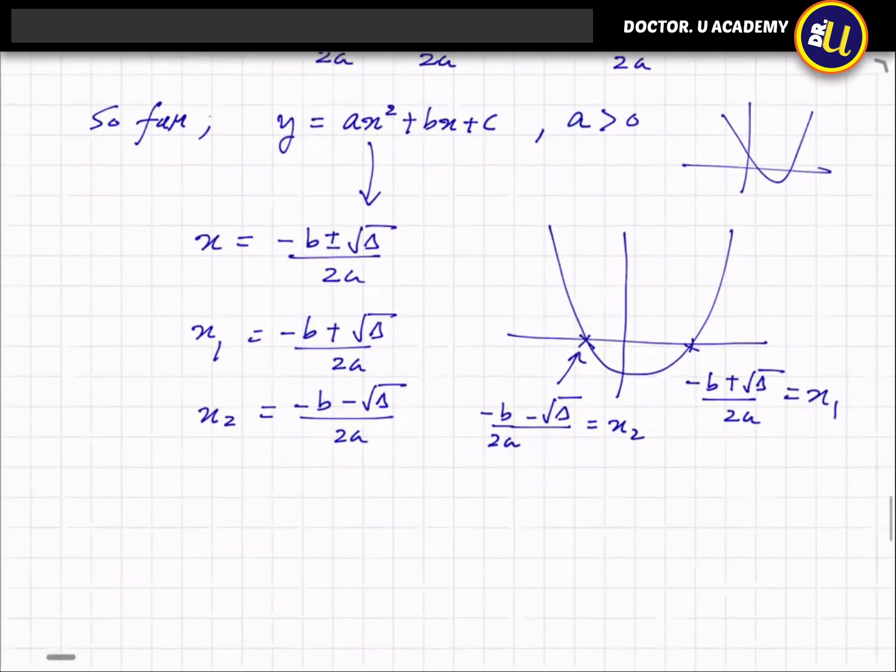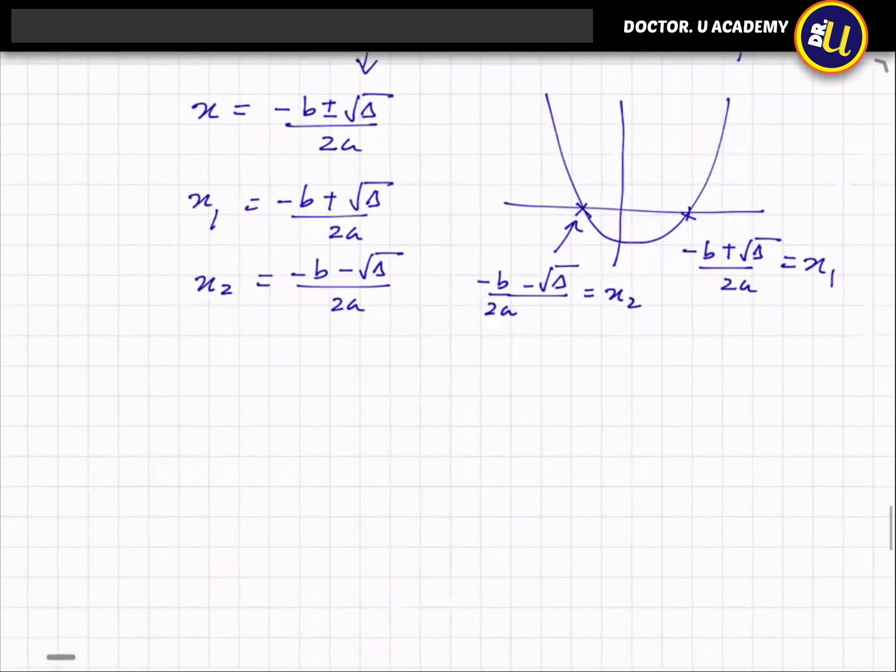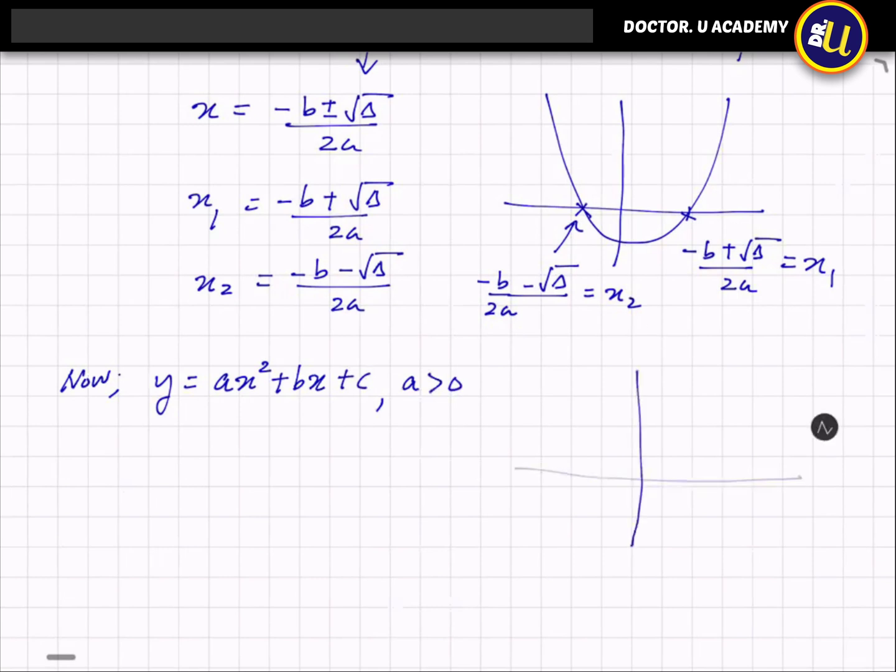Now there is a very important argument. Now y is equal to ax squared plus bx plus c, when a is greater than 0, it looks like this, but we don't know these a, b and c values.